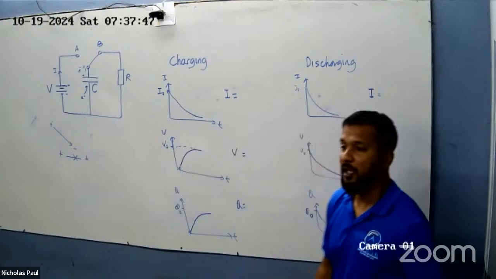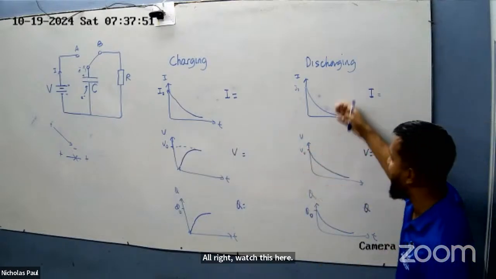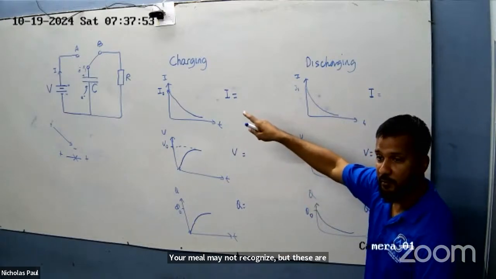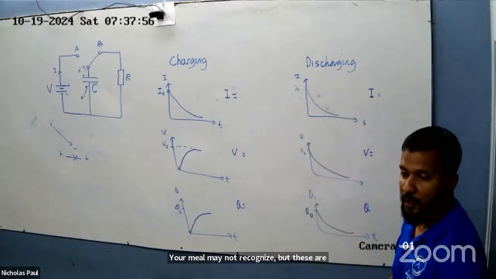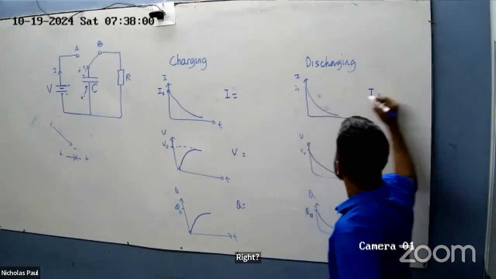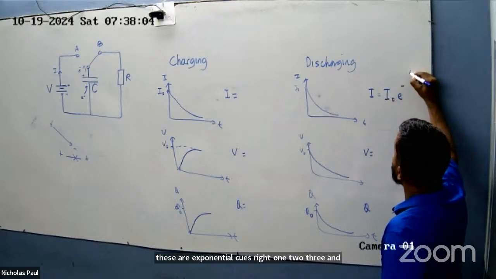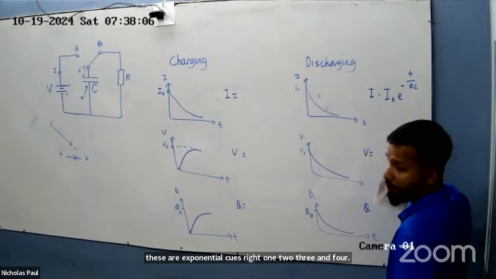All right, watch this here. You all may or may not recognize, but these are exponential curves, right? 1, 2, 3, and 4. So it will be I is equal to I naught e to the minus t over RC.